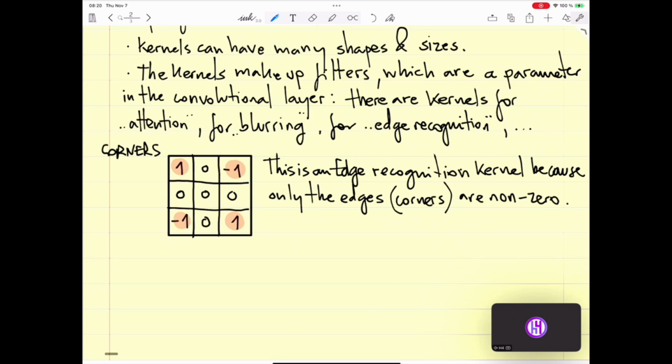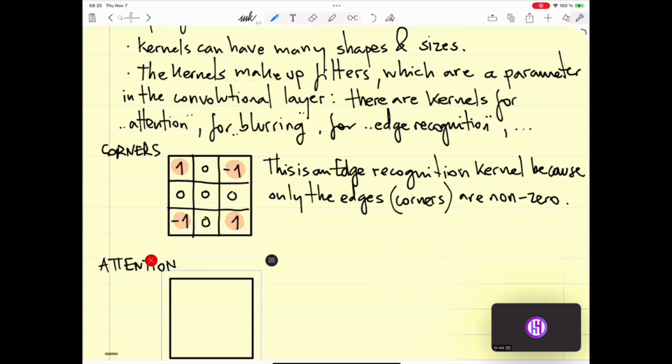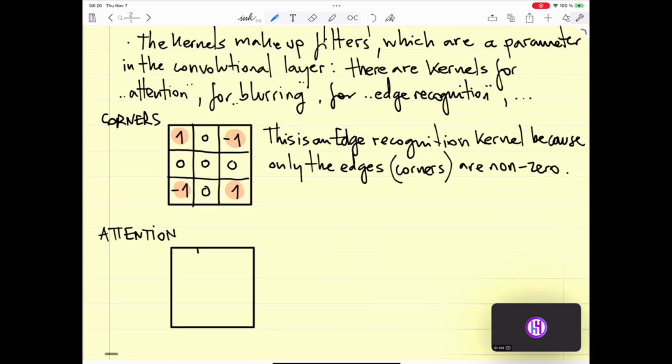So then let's look at an attention kernel. An attention kernel is a little bit different. It has exactly the opposite structure.